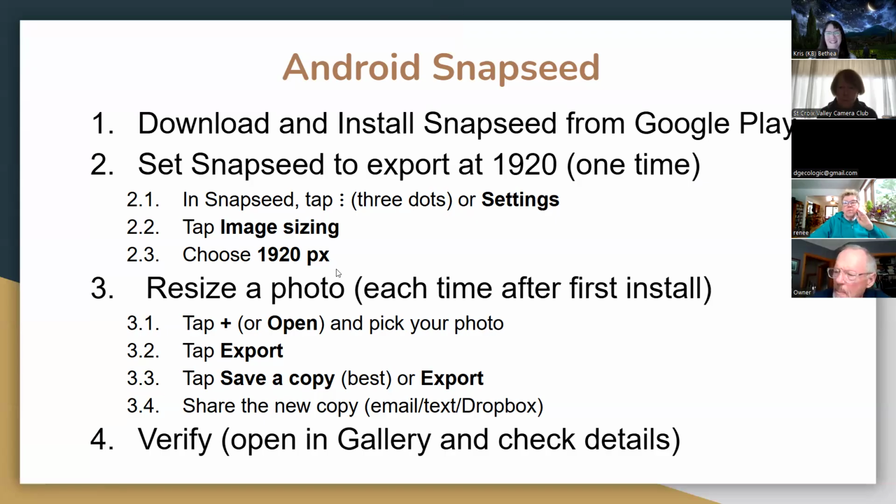Another question. When you showed the resizing, it was the 1920 at the long side, and I could have sworn I saw that the kilobyte size was 765 or 756, which is over the 750 limit. Did I read that wrong?